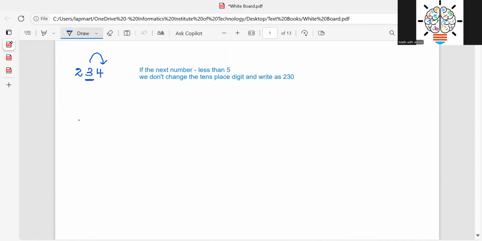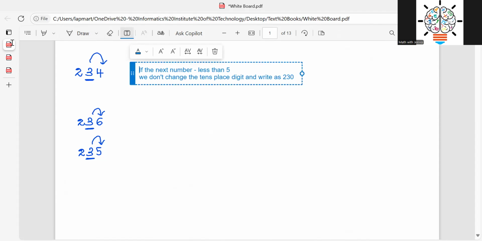If I write 236 or 235, in both numbers 3 is in the tens place. I want to look at the next number, right?